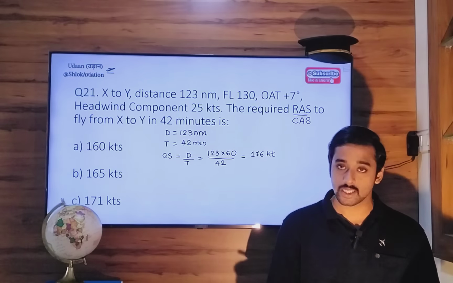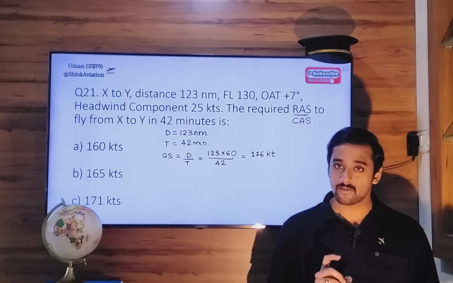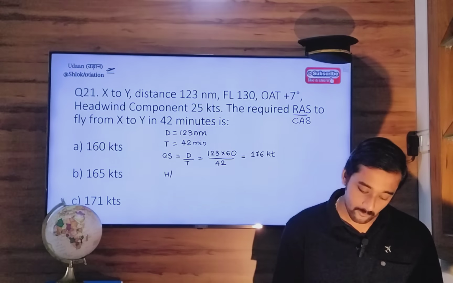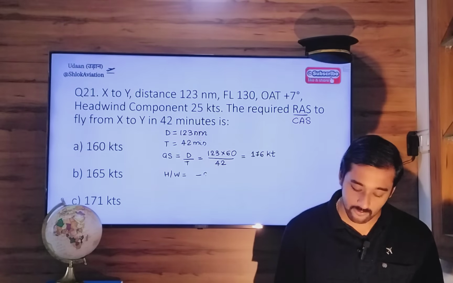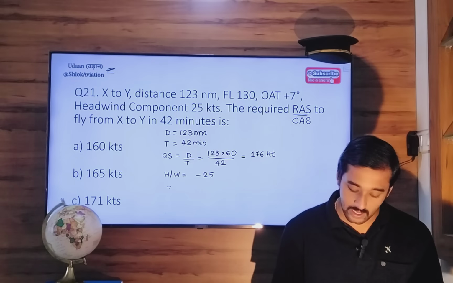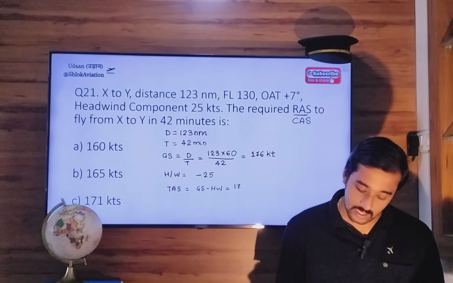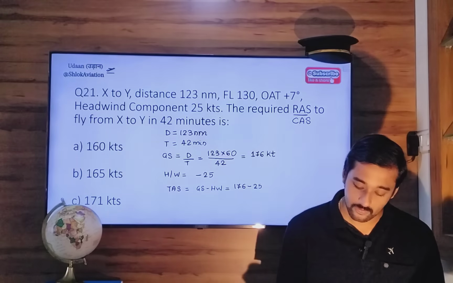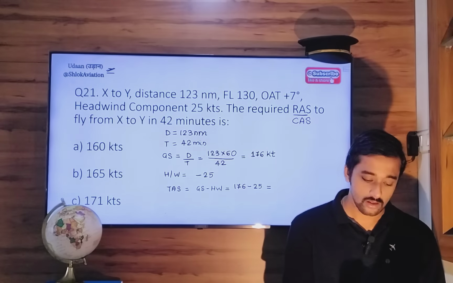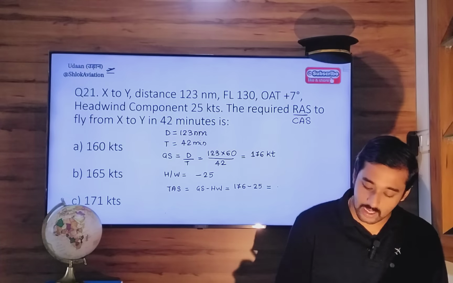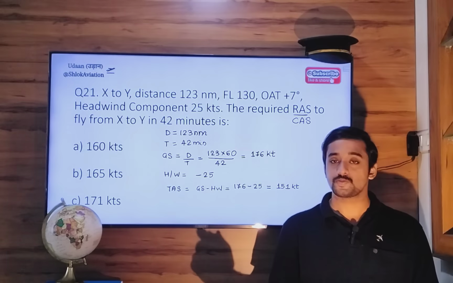Now if ground speed is 176 knots, the headwind component given to you is minus 25. So true airspeed will be equal to ground speed minus headwind, so 176 minus 25 is 151 knots.